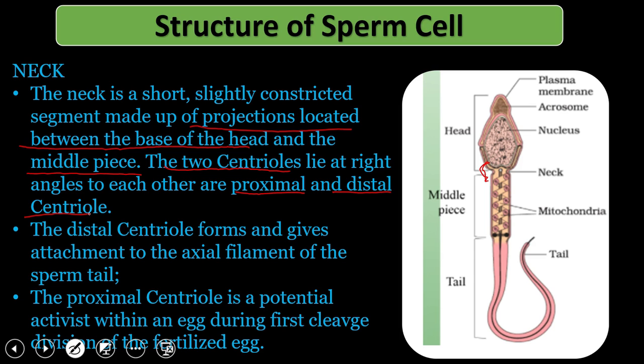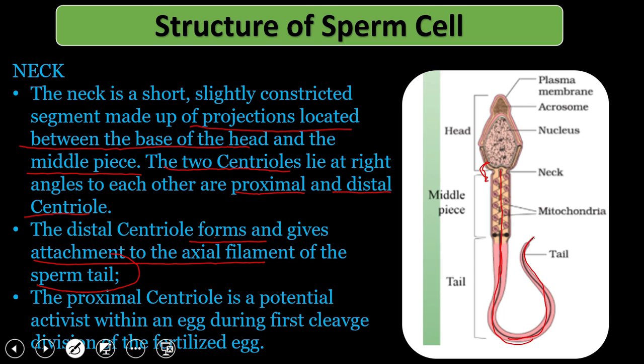The distal centriole forms and gives attachment to the axial filament of the sperm tail. So this centriole serves as a basal body for the formation of axial filaments, which are present up to the end of the tip.